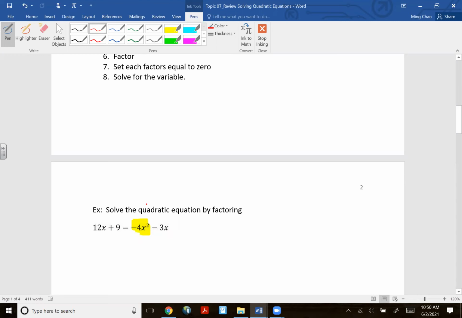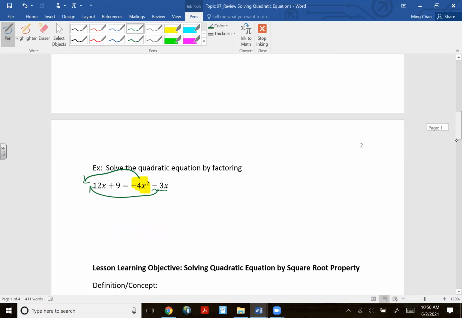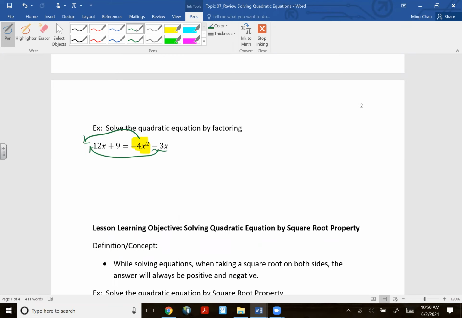Since this is negative, I'm going to move my negative 4x squared to the left side, and my negative 3x will come to the left side too. Go by the exponents. Negative 4x squared moved to the left side becomes positive 4x squared. Negative 3x becomes positive 3x. 12x is still positive 12x, positive 9 is still positive 9, equal to 0.